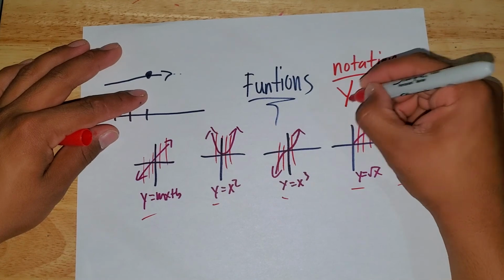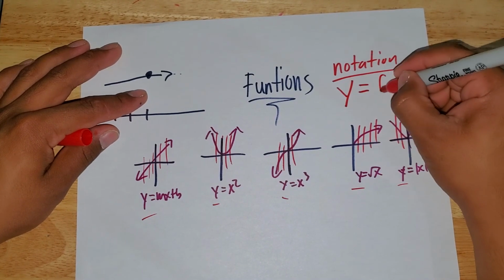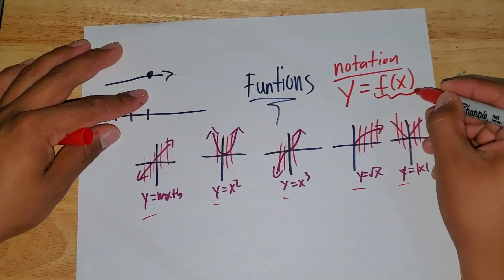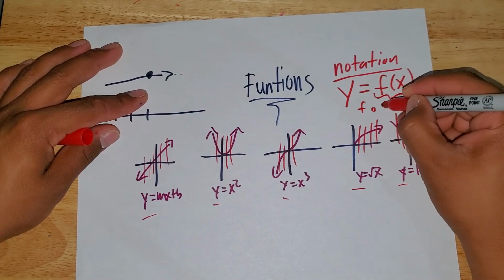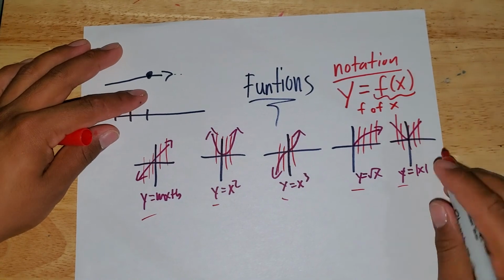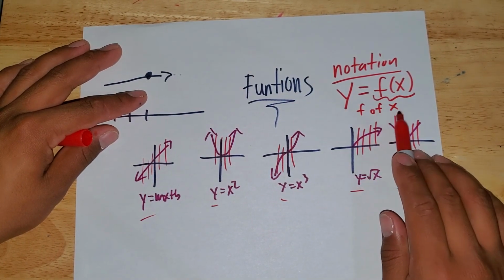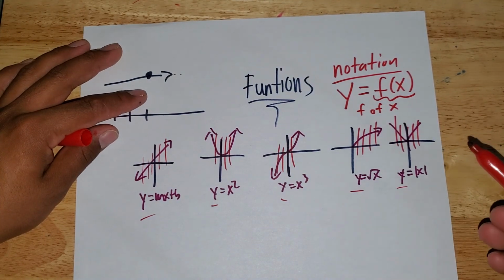This is really important. We're going to make y equal to this. We call it f of x, because that means y is a function of x.